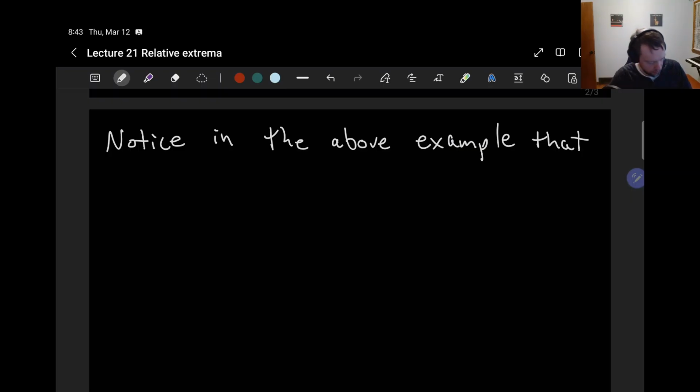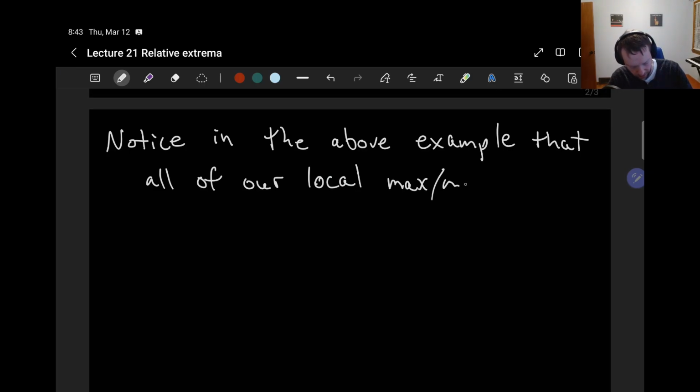So we'll notice in the above example that all, and now I'm switching to that language of local. Local and relative, they mean the same thing. So all of our local maximums and minimums, they occurred at some very special places.